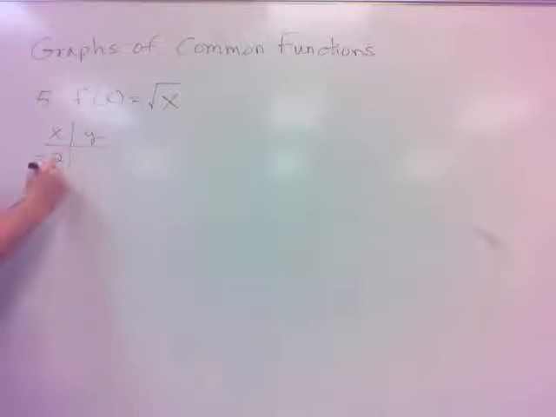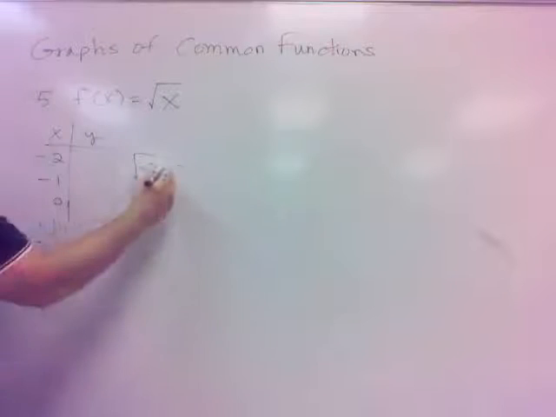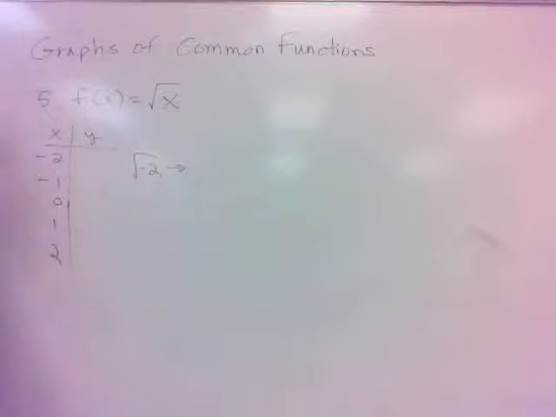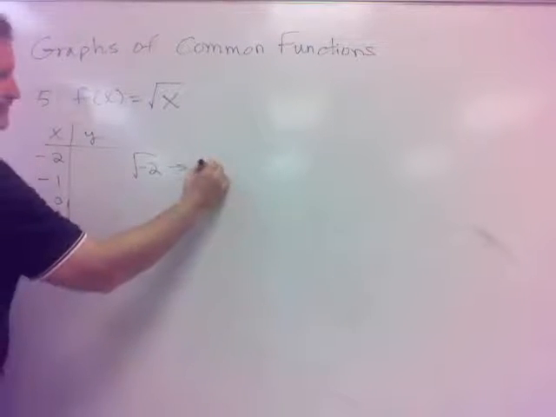When going with a table, -2 to +2, we run into a slight problem there, don't we? If I do -2, I get the square root of -2, and since I'm graphing this on the real number axes, what about that? Square root of -2, it's not a real number.